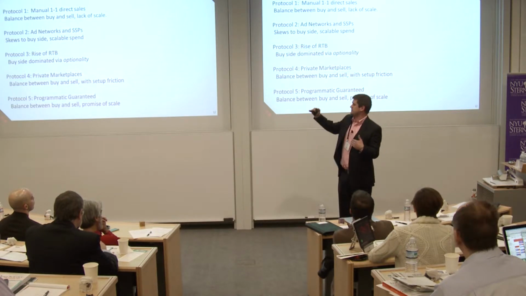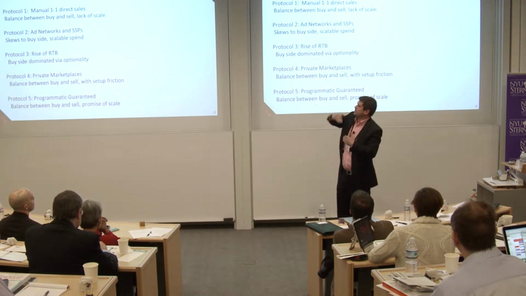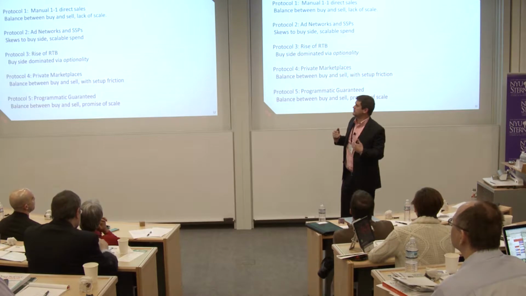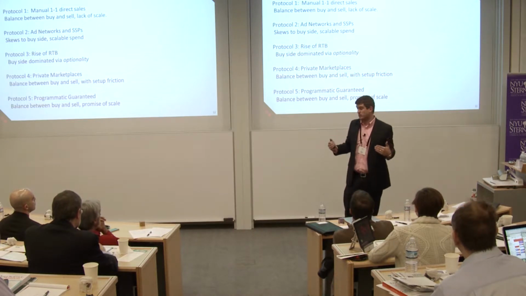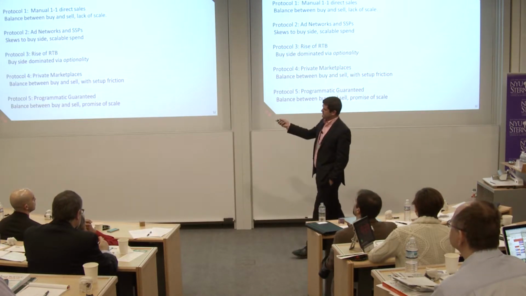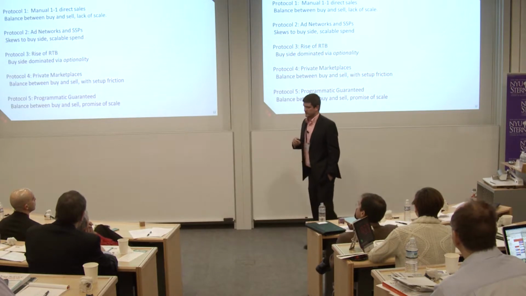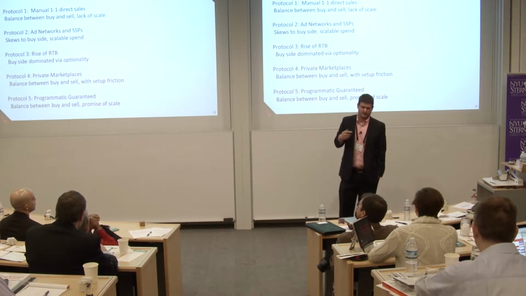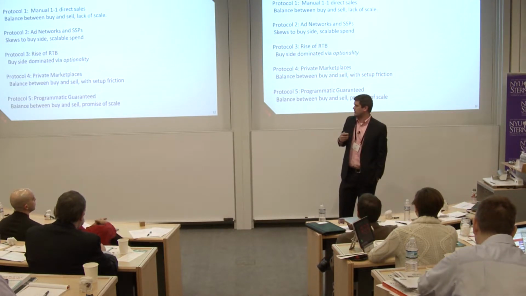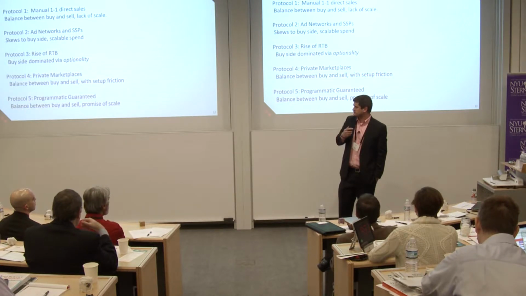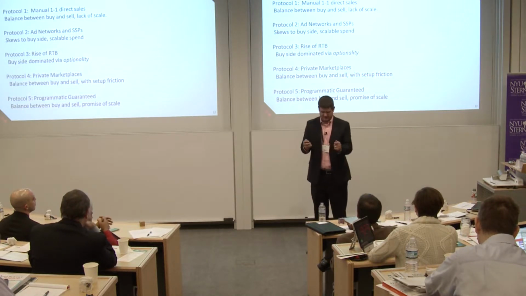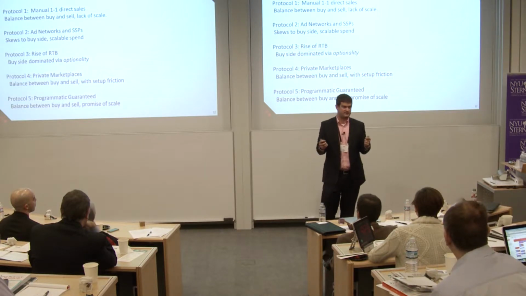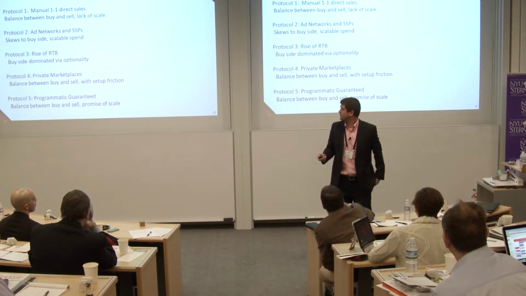It is essentially part and parcel with a return to the manual one-to-one direct sales, but it's much more automated. And then we have the future protocol, which is programmatic guaranteed. How can we allow these modern protocols to conduct a bilateral transaction where each party's objectives are fulfilled in full?